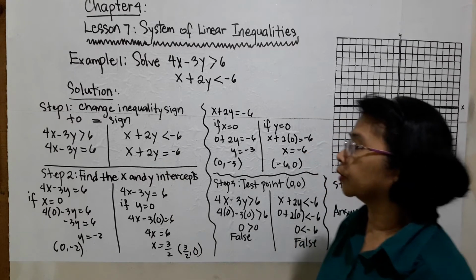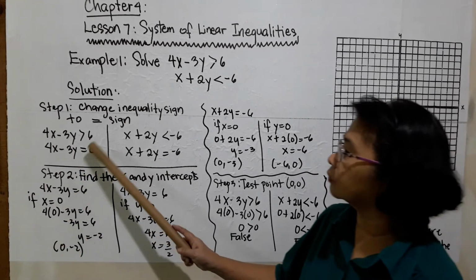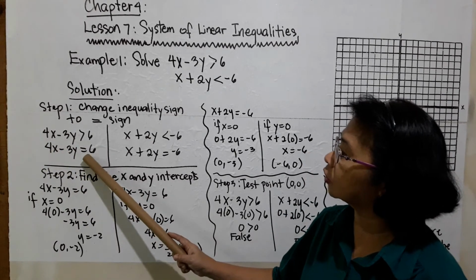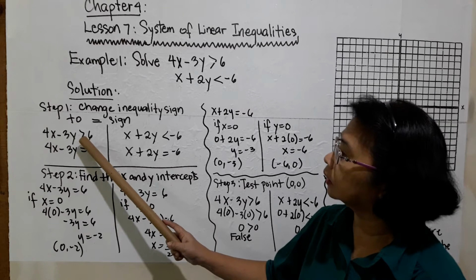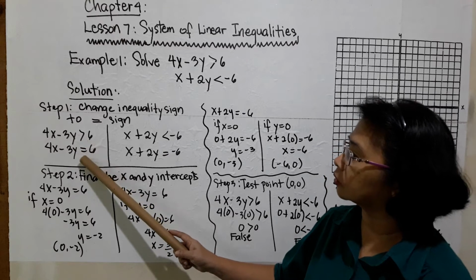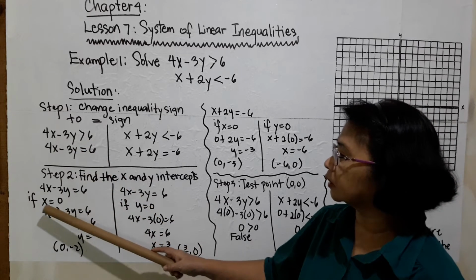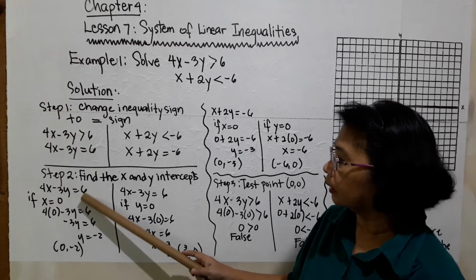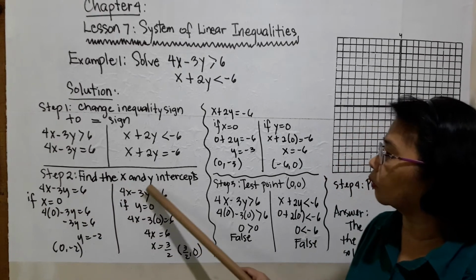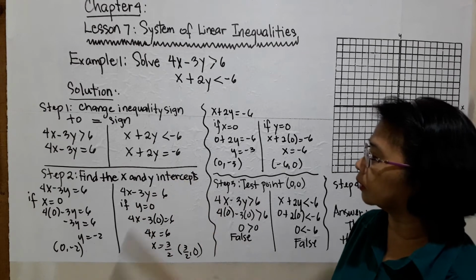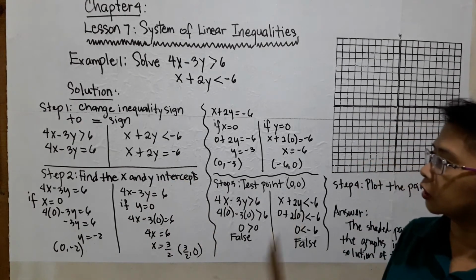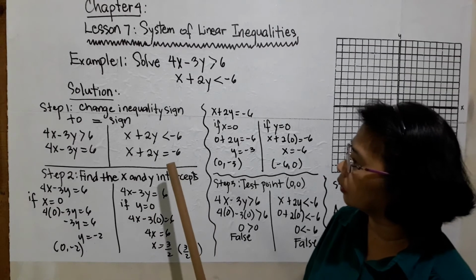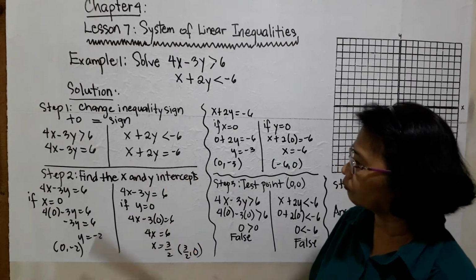For step number 2, we will be using the inequalities wherein the sign is changed to equal sign. We have to find the x and the y intercept for both inequalities wherein they are changed to equal signs for the symbol.